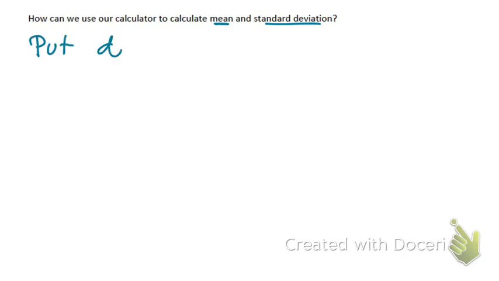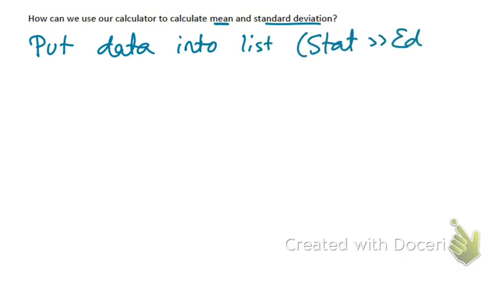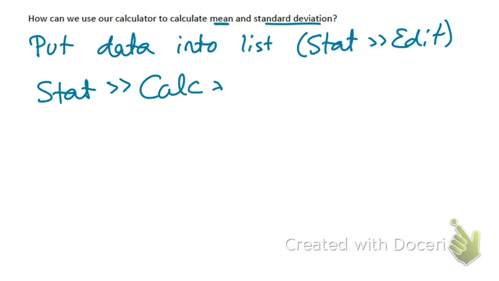So you put your data into lists. That's under stat edit. And then you're going to use your stat calc 1. This is your one variable stat.